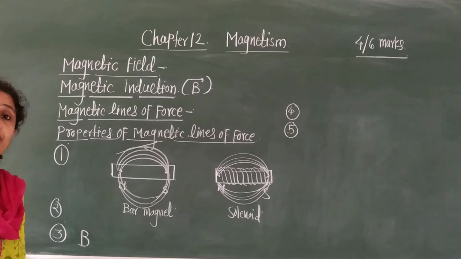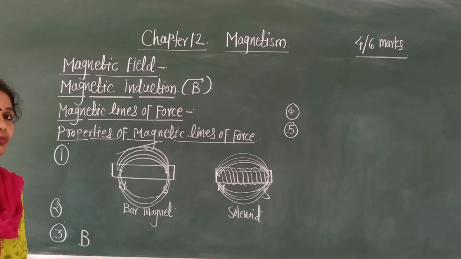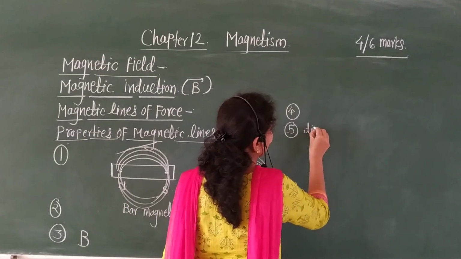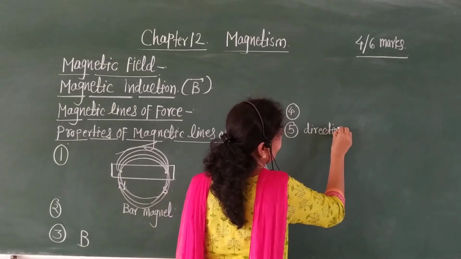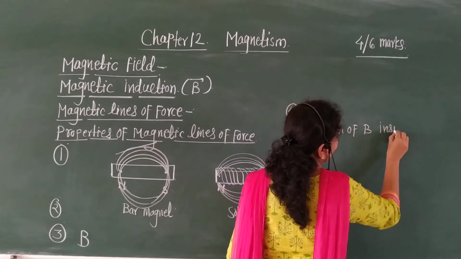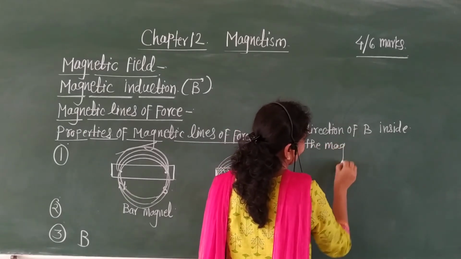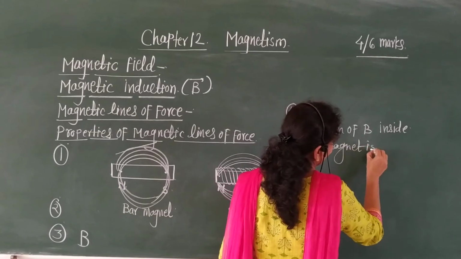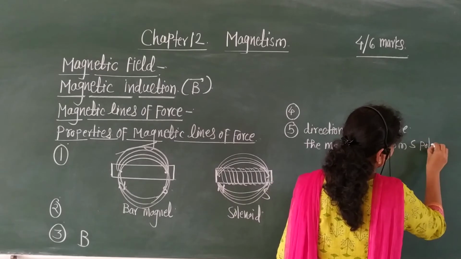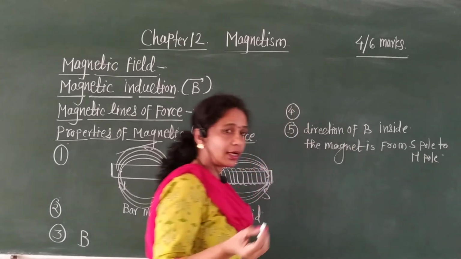Therefore, the direction of magnetic lines of force inside the magnet is from south pole to the north pole. This is the fifth point.